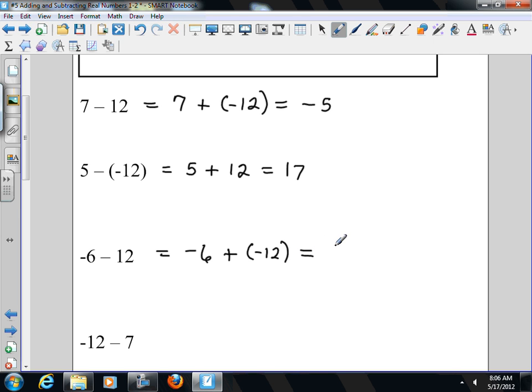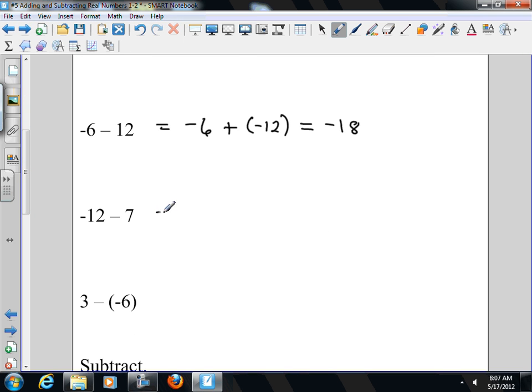Negative 6 plus negative 12 is negative 18. Next, negative 12 minus 7. Keep your first number, change your minus to plus, take the opposite of the second number. So the opposite of 7 is negative 7. Negative 12 plus negative 7 is negative 19.